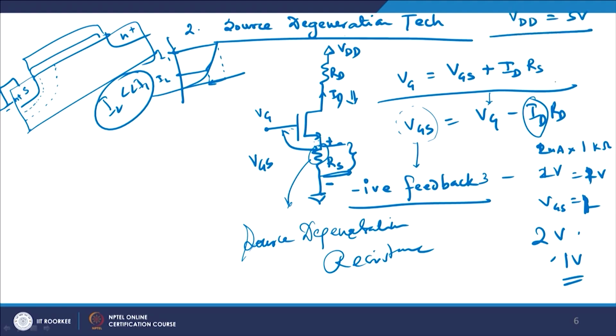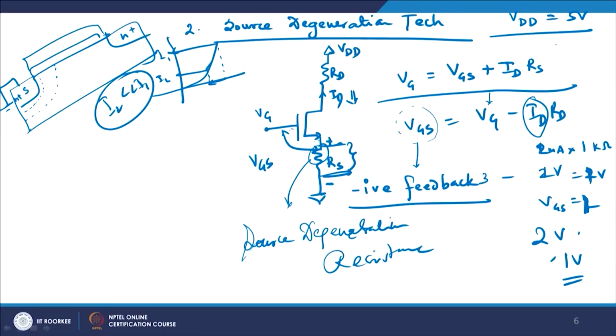Now whatever you do, the output voltage cannot go beyond 5 volts, otherwise you will be violating Kirchhoff's law and there will be clipping. Let us suppose due to amplification the output peak voltage goes to 3.5 volts, then the headroom available to you is defined as 1.5 volts.